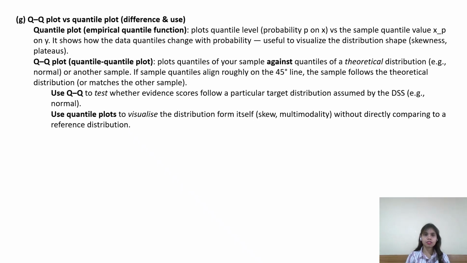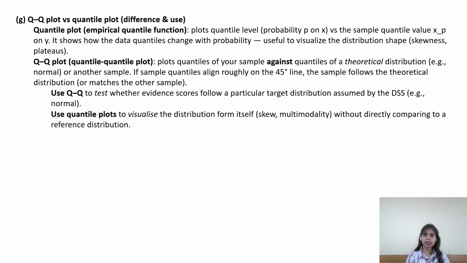Q-Q plot versus quantile plot: difference and use. A quantile plot plots the quantile level. It shows how the data quantiles change with probability, useful to visualize the distribution shape. A Q-Q plot plots quantiles of your sample against quantiles of a theoretical distribution, such as normal.